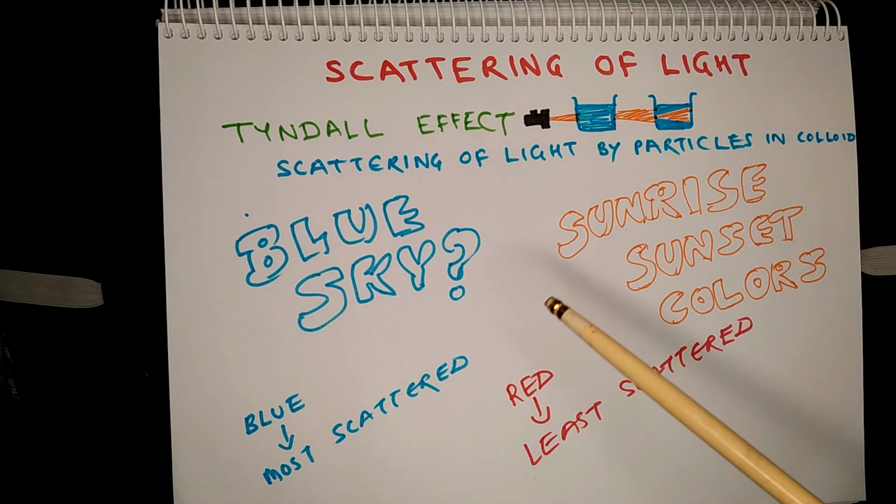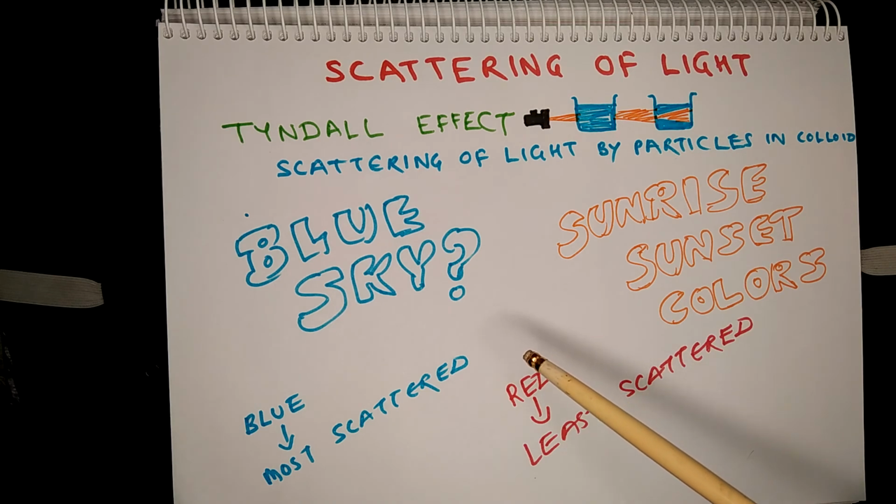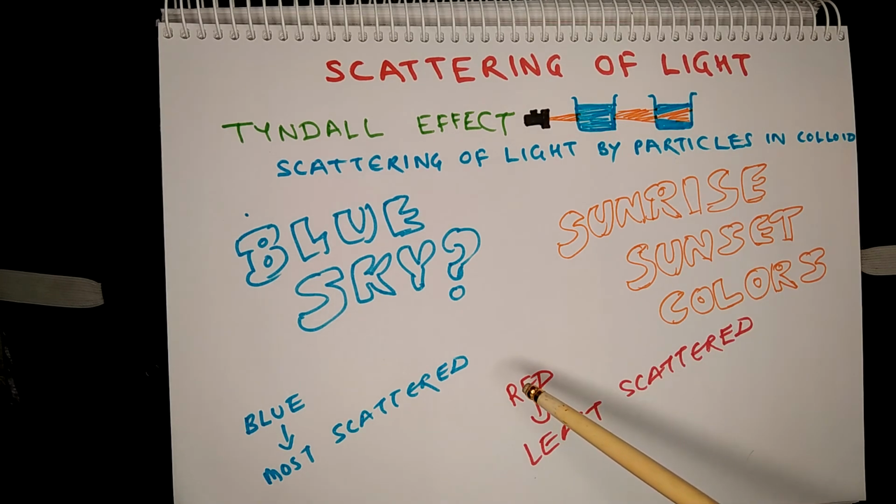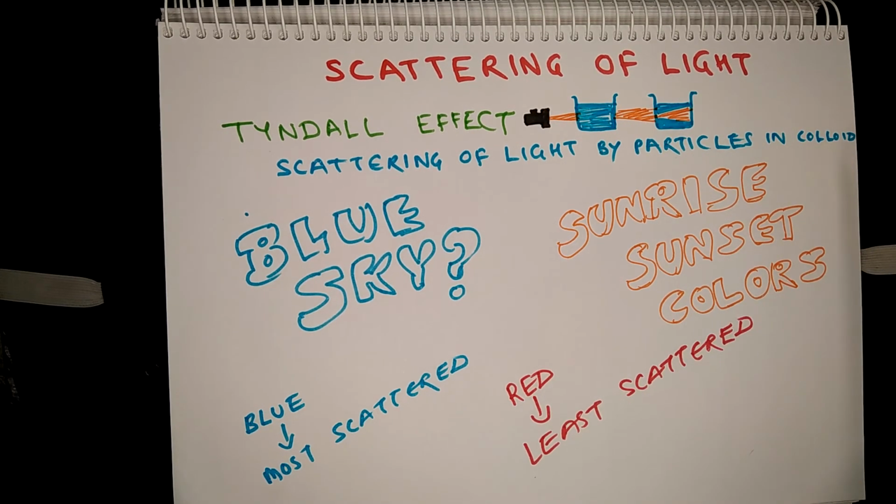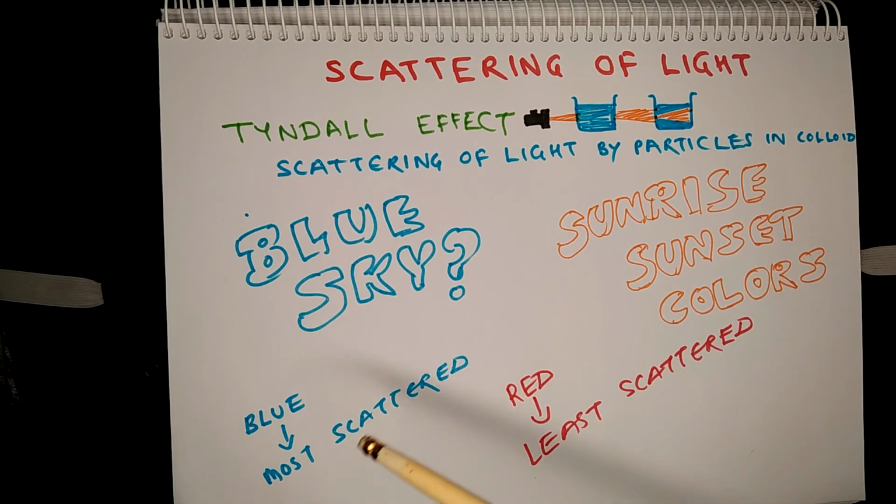So it depends. The particle size can be equal to the wavelength of blue color, or maybe equal to the wavelength of red color or green color or whatever. And depending on the size, we witness various natural phenomena because of scattering of light. One of them is the Tyndall effect.